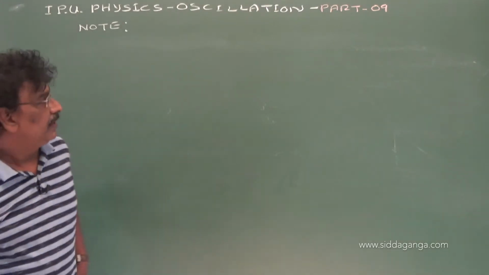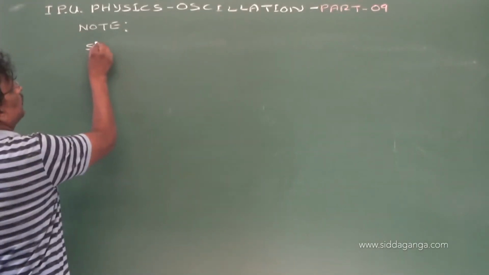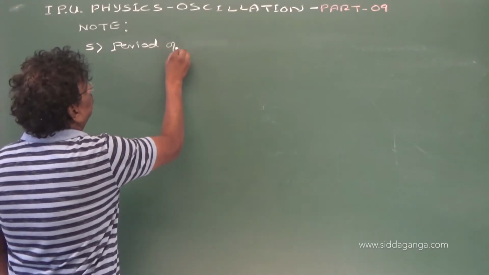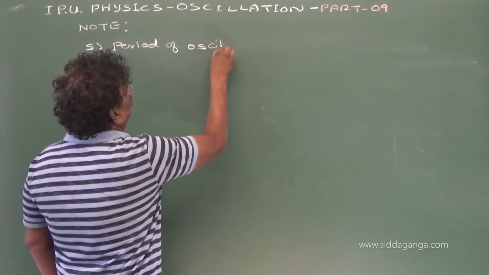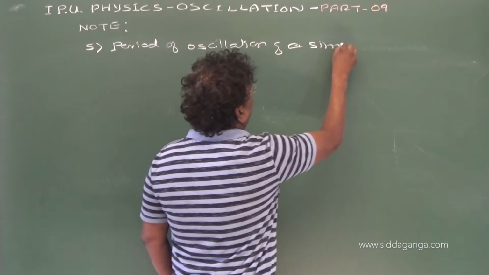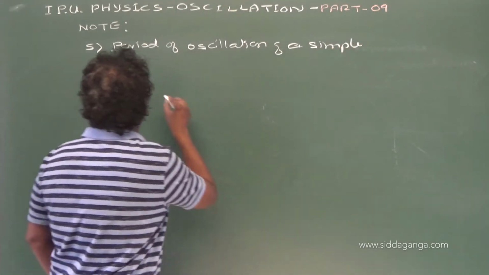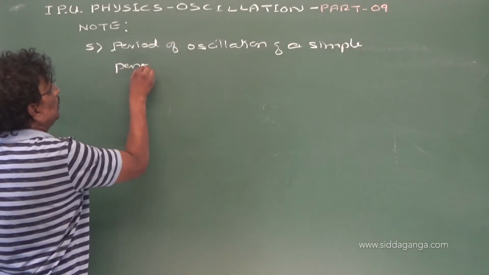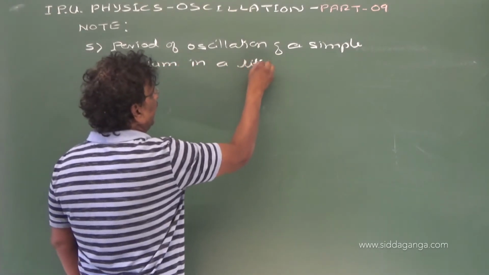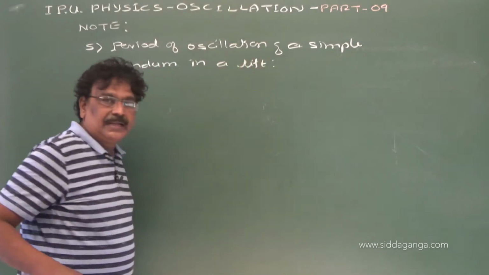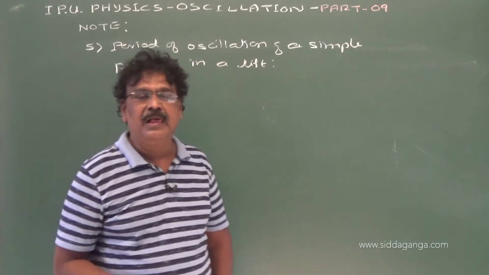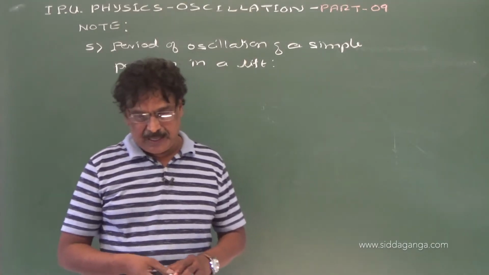Now the fifth point we are considering is the period of oscillation of a simple pendulum in a lift or elevator. What happens to the period of a simple pendulum, right, in a lift?